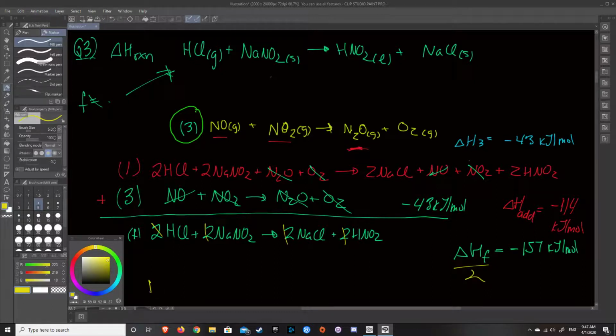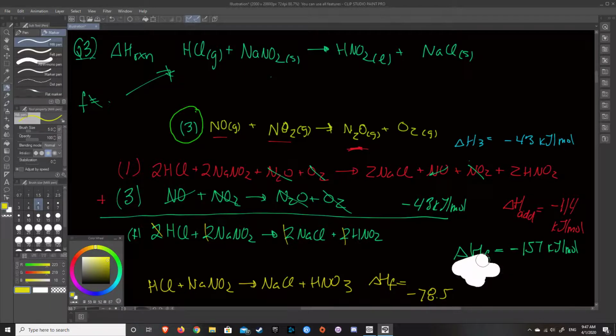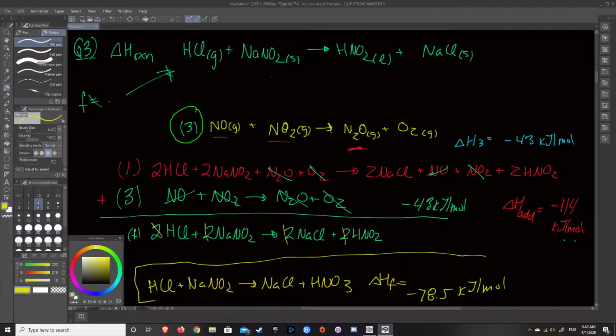So our final equation is HCl plus NaNO2 reacts to form NaCl plus HNO2 with a delta HF value of negative 78.5. So I'm just going to erase this to make the space. Kilojoules per mole. Box in your final answer.